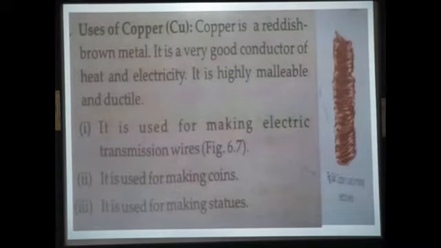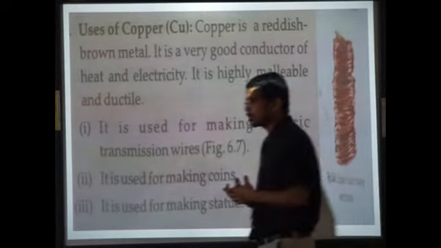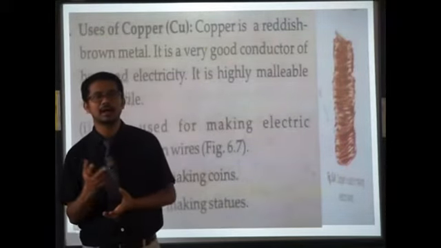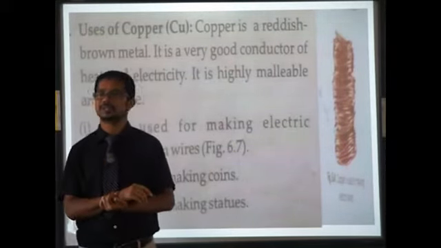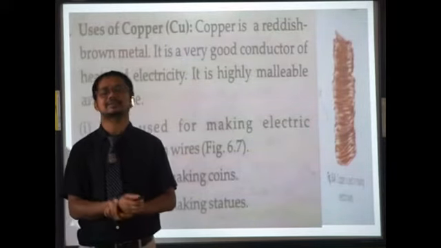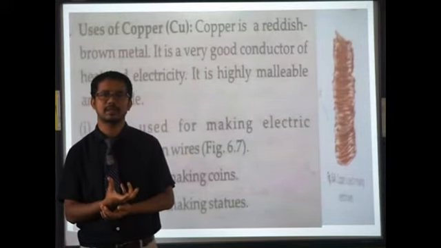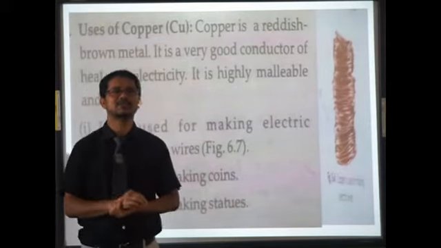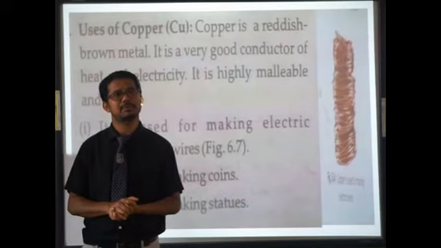It is used for making coins. Even copper coins are there. It is used for making statues, especially alloys of copper, brass and bronze. There are statues of brass and bronze, and medals made of bronze. Bronze is an alloy of copper and zinc, and brass is an alloy of copper and tin.